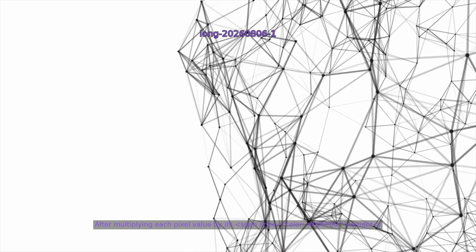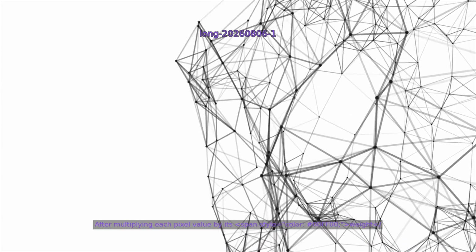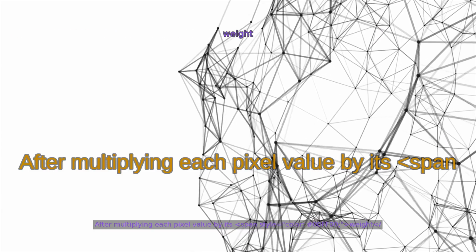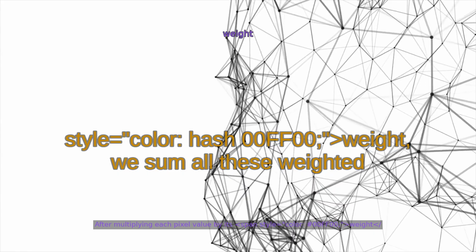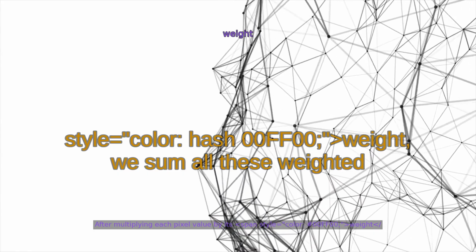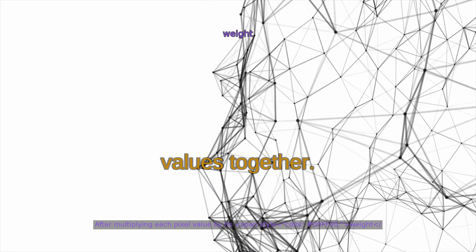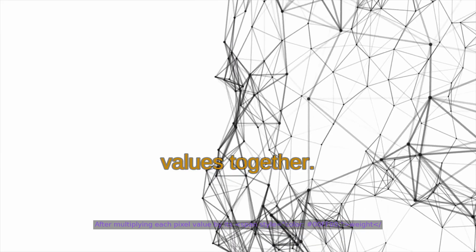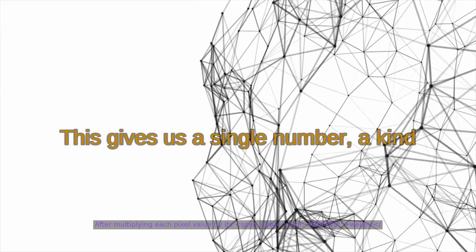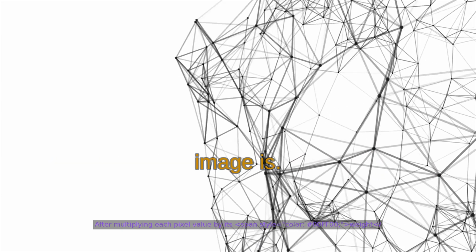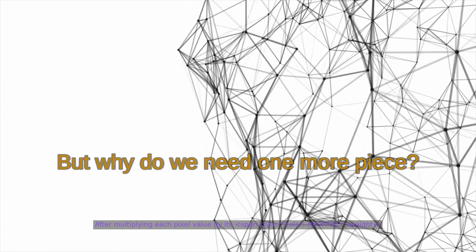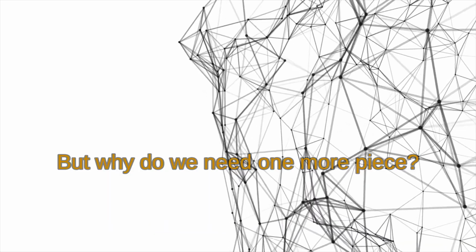This gives us a weighted value for each pixel. After multiplying each pixel value by its weight, we sum all these weighted values together. This gives us a single number, a kind of raw score, indicating how 7-like the input image is.